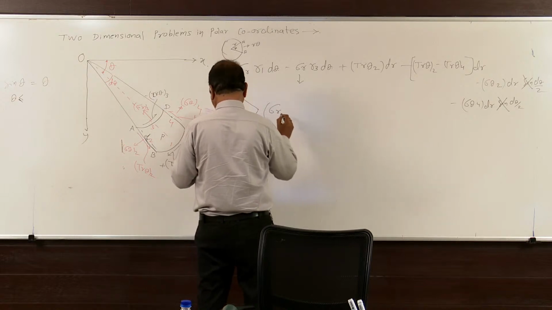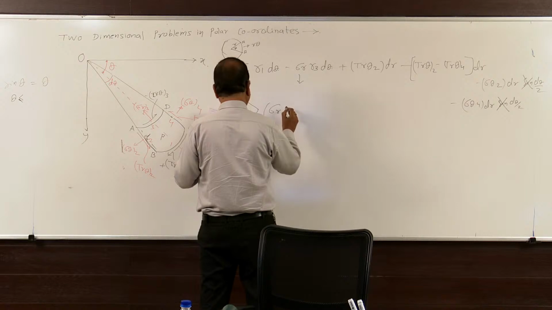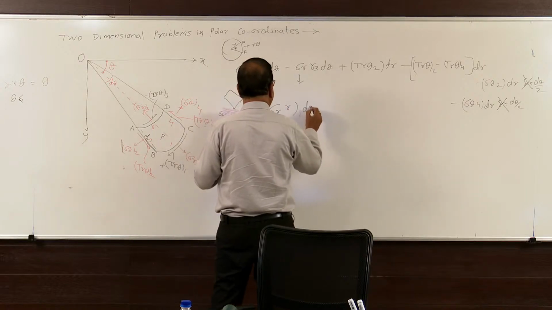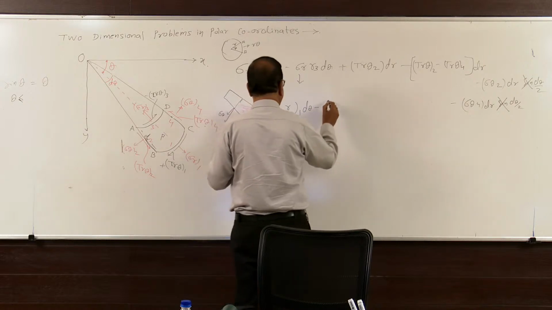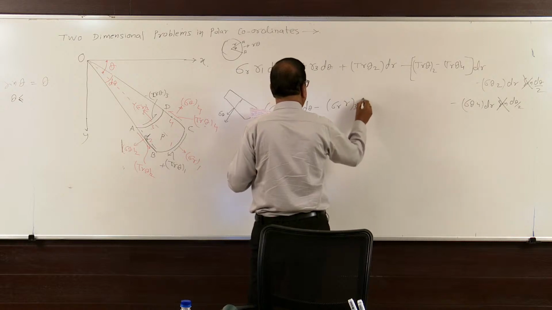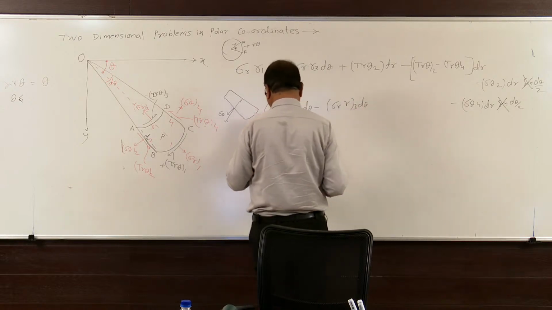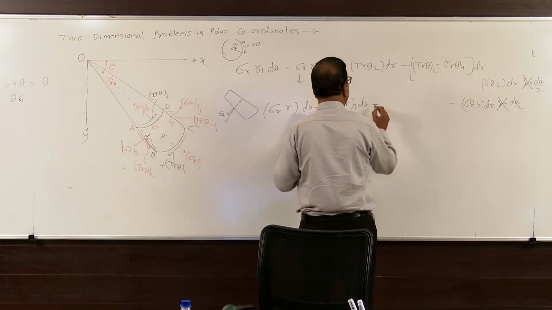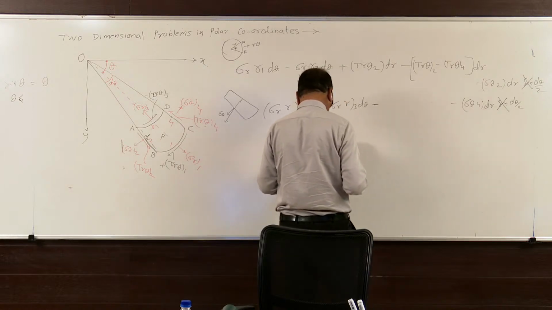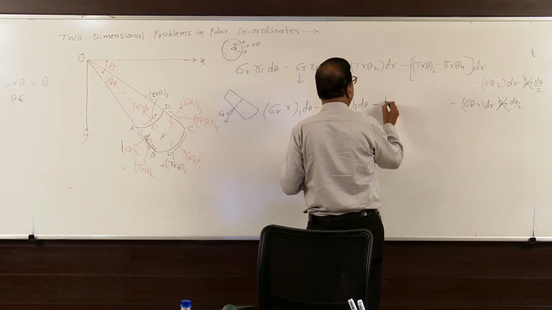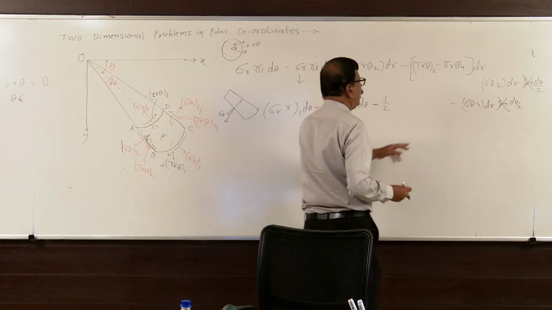Sigma r we can write here like this, d theta minus sigma r 3 d theta minus d theta upon 2.